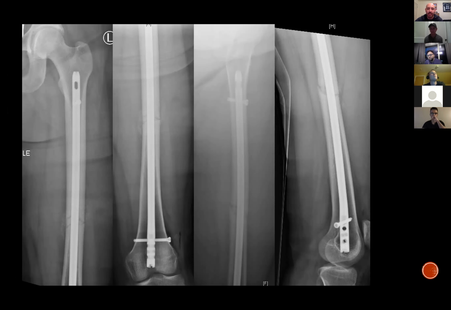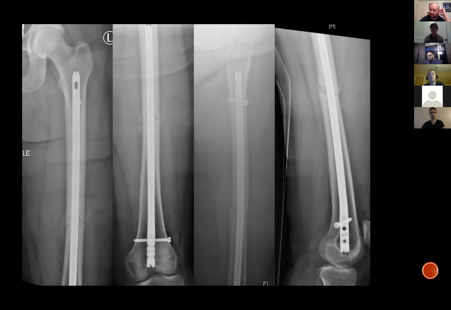Cephalomedullary nails, most of the time we're going to use for intertrochanteric fractures. And there's a whole discussion of when you would use a cephalomedullary nail for an intertroch fracture versus a sliding hip screw. We can get to that in another topic. The very short answer is that for intertrochanteric fractures, a nail could do basically every one of the fractures.